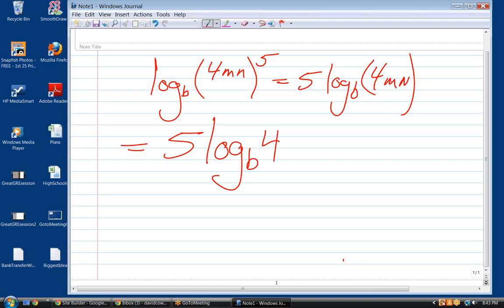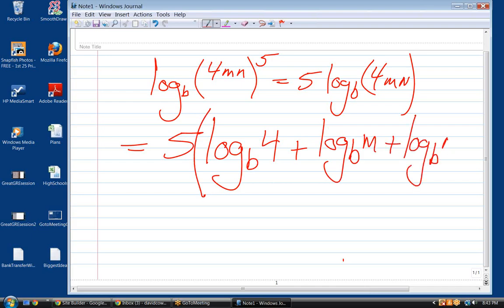It's 4 times m times n plus, and this 5 needs to be either like this, or I can put the 5 in front of each one, in other words, distribute it.